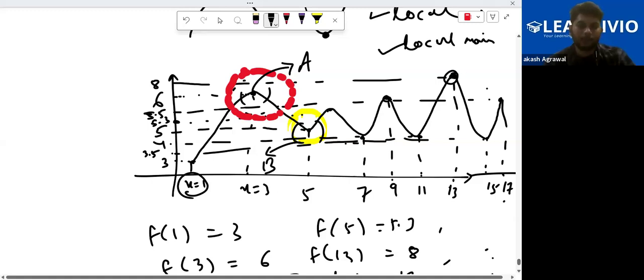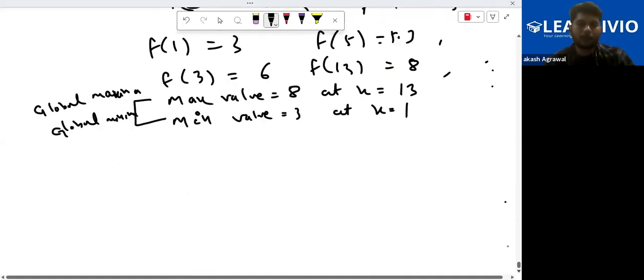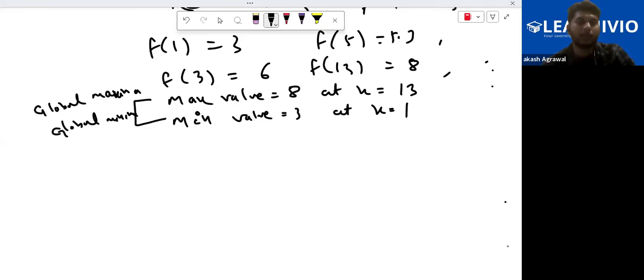Okay, so the complete information that we have right now is a function can have two types of maxima and two types of minima, global and local. Global is if you consider every point in its domain, then the maximum value is global maxima, and the values at which it is the maximum in its neighborhood, then it is called the local maximum.